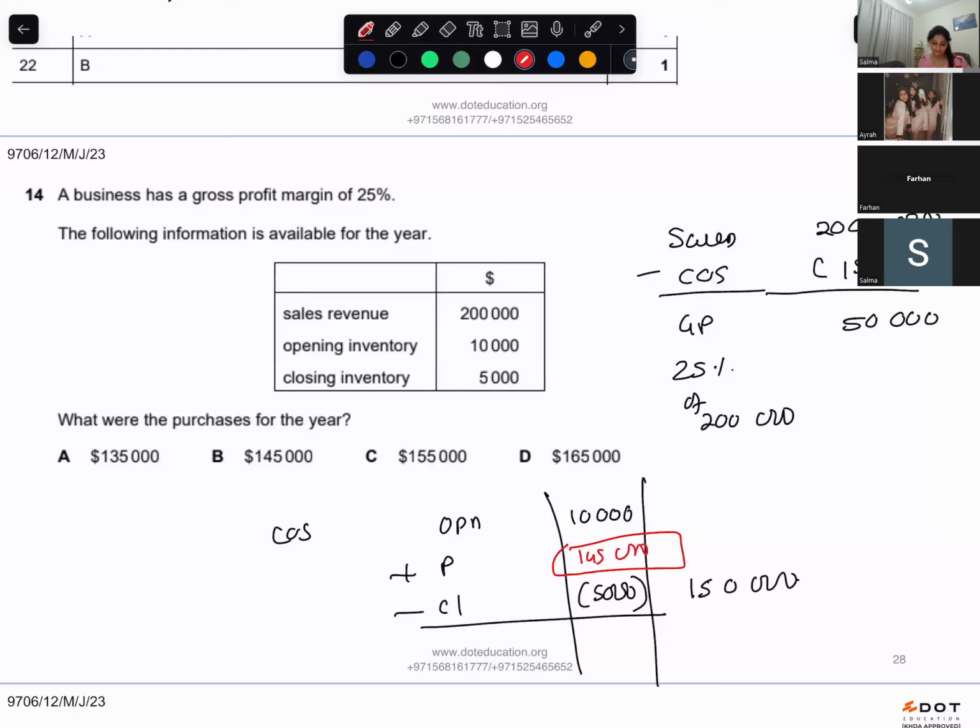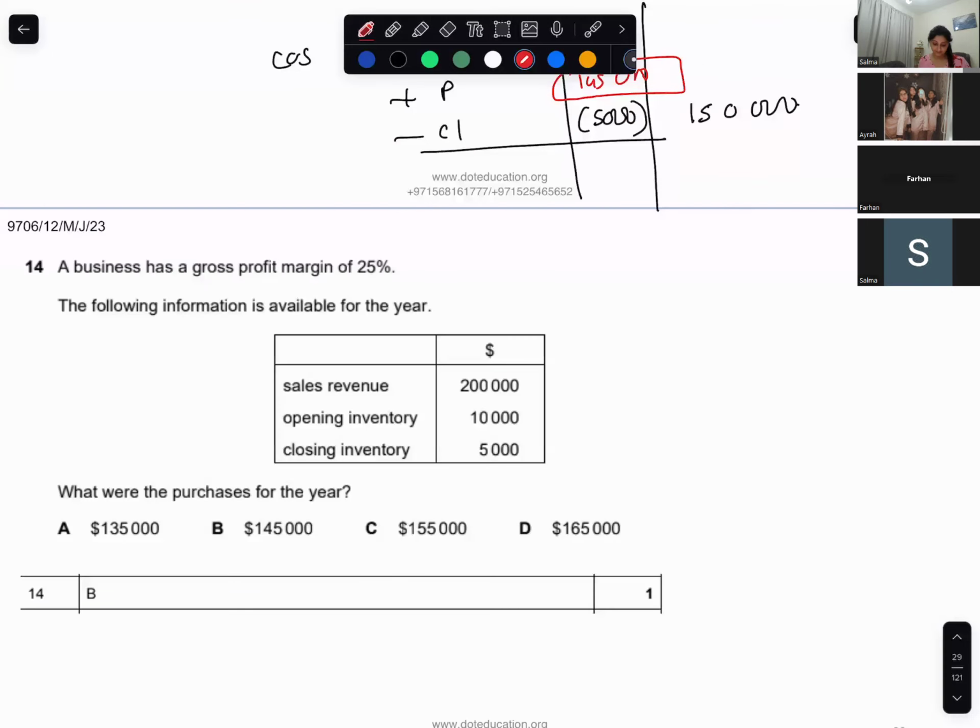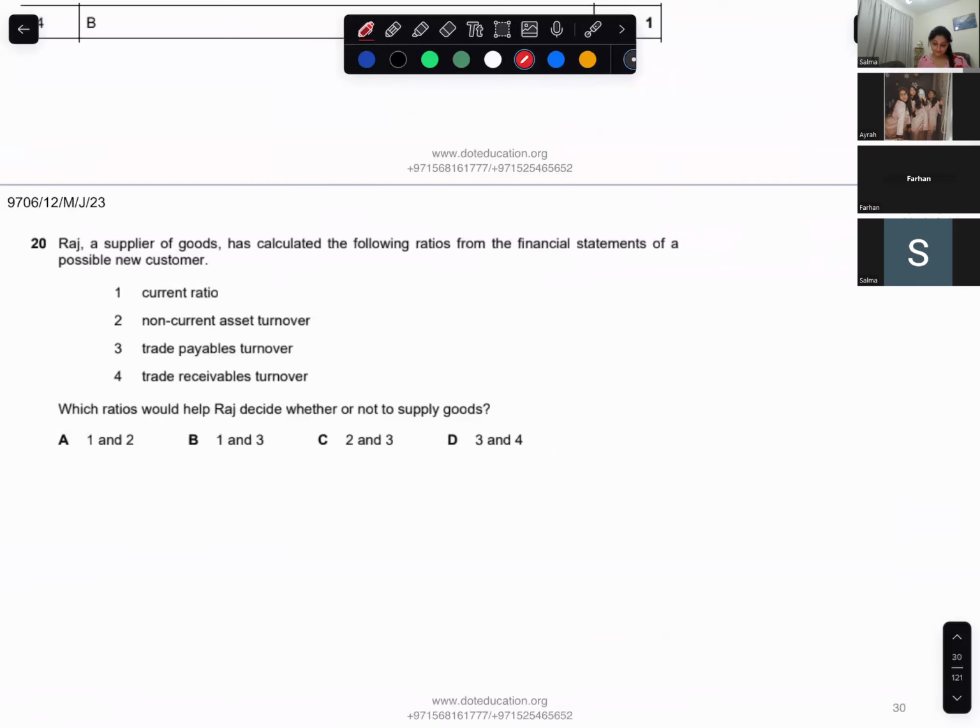Which ratios would help Raj decide whether or not to supply goods? If I want to see whether I should supply goods or not, the current ratio you will take into consideration. Non-current asset turnover, I don't think you need.